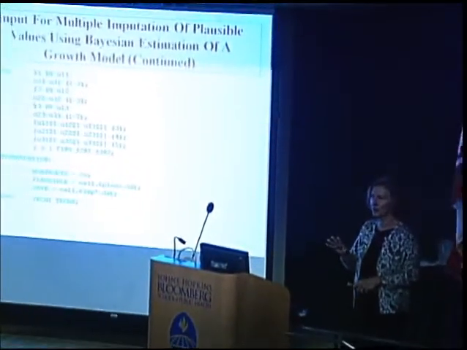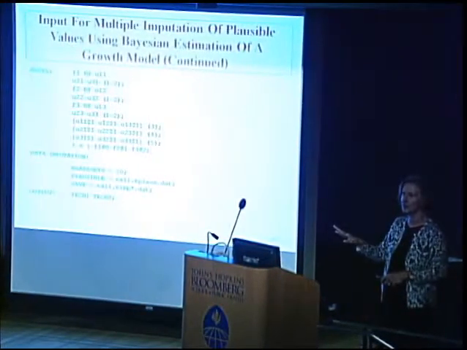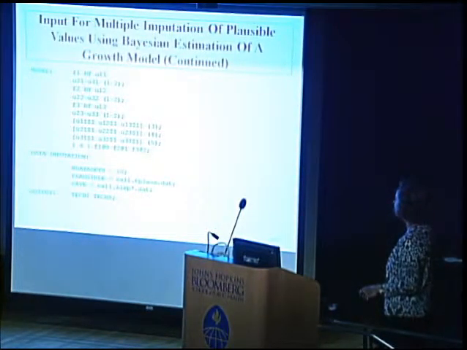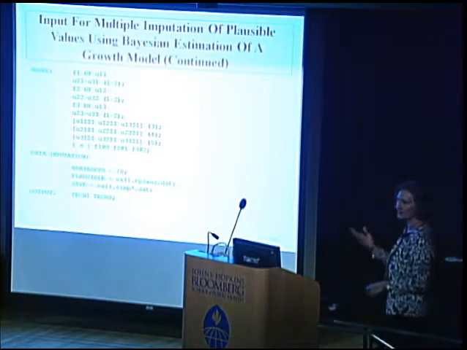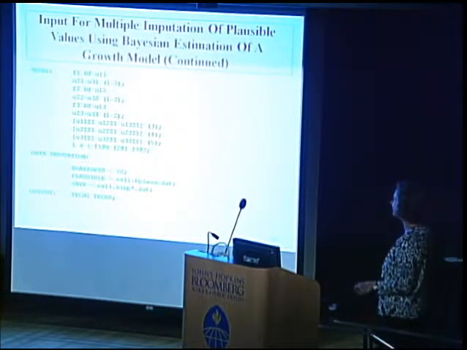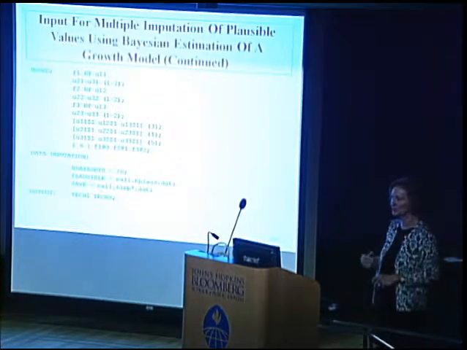I'm not sure what they are, but probably something like mean and variance, and then some percentiles. And then we have save equals, and once again, ex11.6 imp star dot dat. So we just substitute in the numbers 1 through 20. And as I said, we also substitute in the word list. And in that list, we give you the names of the 20 data sets so that you can use that subsequently.